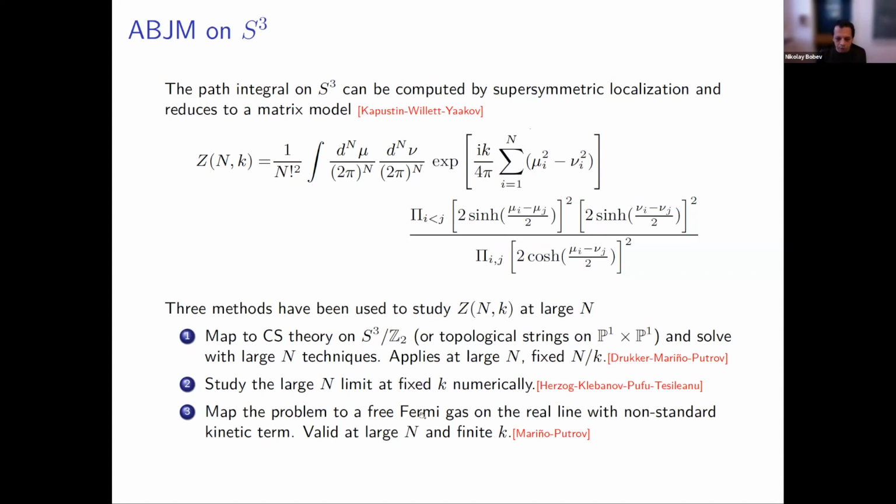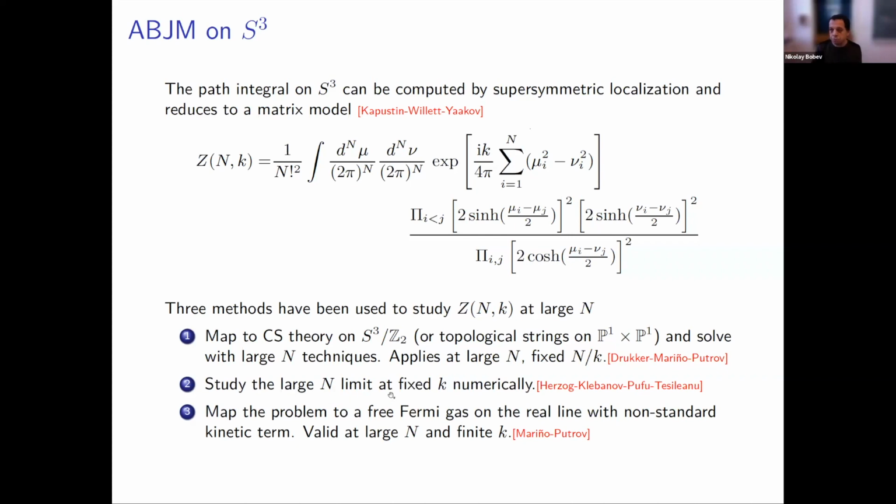I'm not going to explain what these tools are, but essentially there's a variety of methods used in this context. There's some map of this matrix model to Chern-Simons theory, ordinary Chern-Simons theory on S3 mod Z2, which has a connection with a topological string on a non-compact space. And this was used in this work to essentially solve this model in this limit.